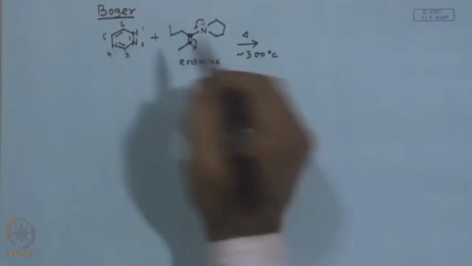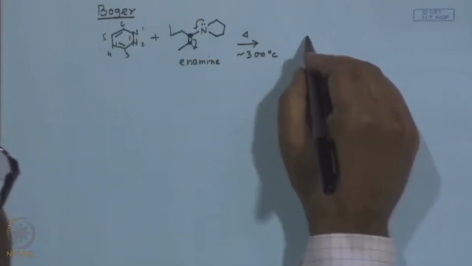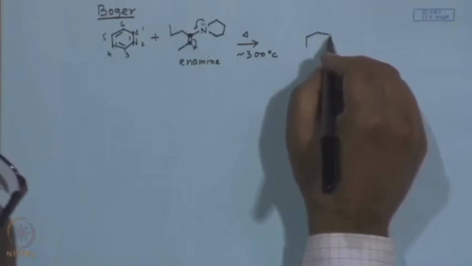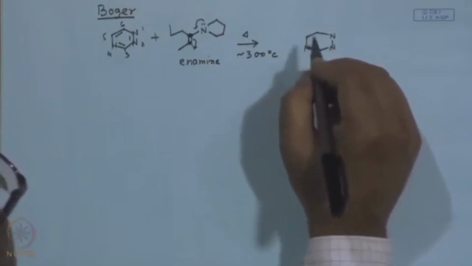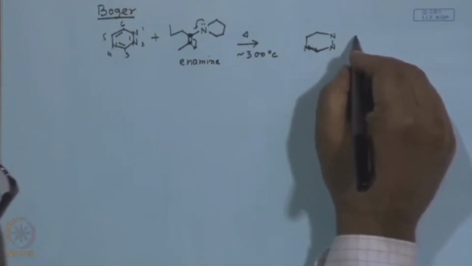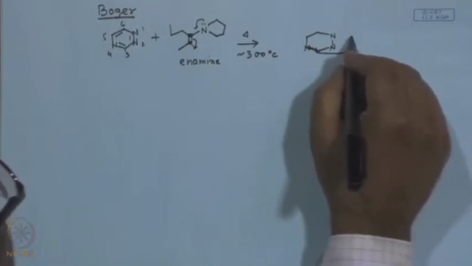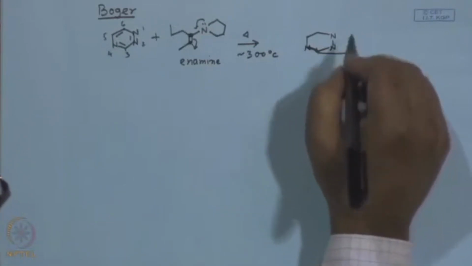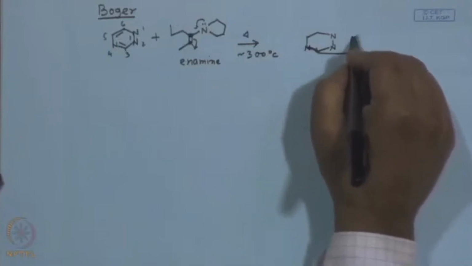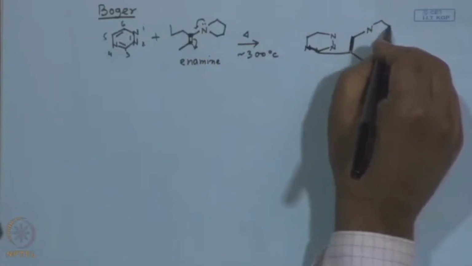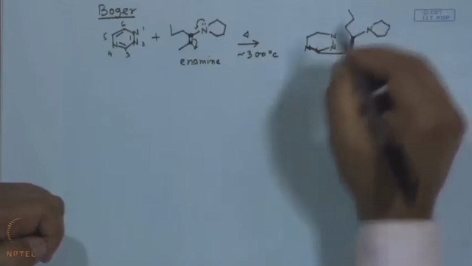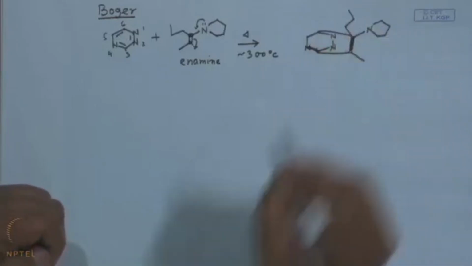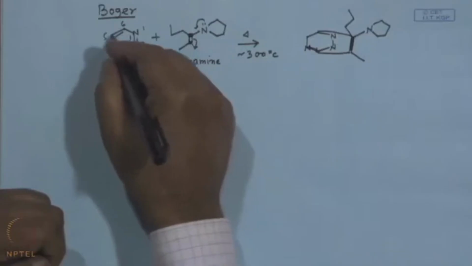So, this N would add to this one. How do we write? I think I will write in linear fashion, that would be better. So, this nitrogen here, and then this adds here, then you will have a methyl group, this nitrogen, then this is that pyrrolidine ring, and you have a propyl chain, and then this is 1, 2, 3, 4 now.